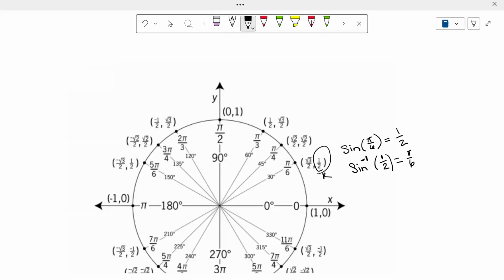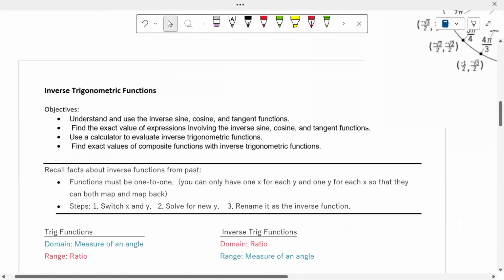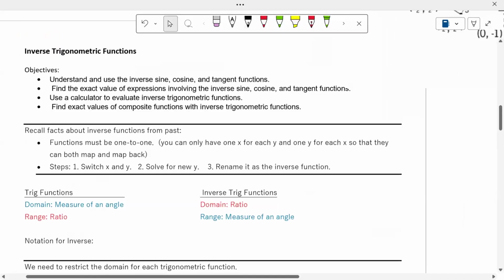Okay, so let's talk about how you did inverses before we looked at trigonometry. In a previous math class, you found the inverse function by doing a series of steps, right? We switched the x's and y's, you solved for your new y, you renamed it with that -1 exponent. That means inverse function, not fraction, okay?